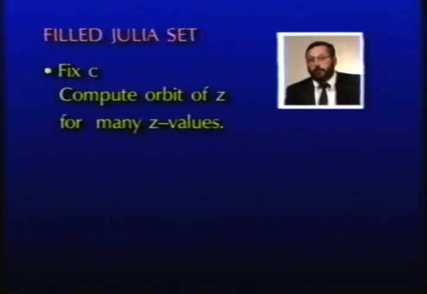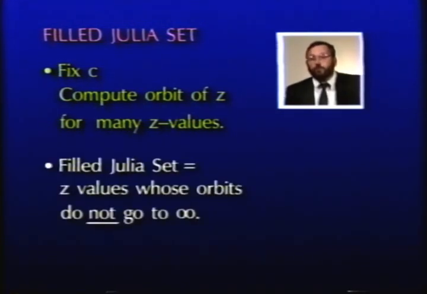Now when we do that, one of two things can happen. Either the orbit of z will escape, or it will not escape. The filled Julia set consists of those z values whose orbits do not escape to infinity under iteration of z squared plus c. So it's important to remember that for different c values, we get very different filled Julia sets.